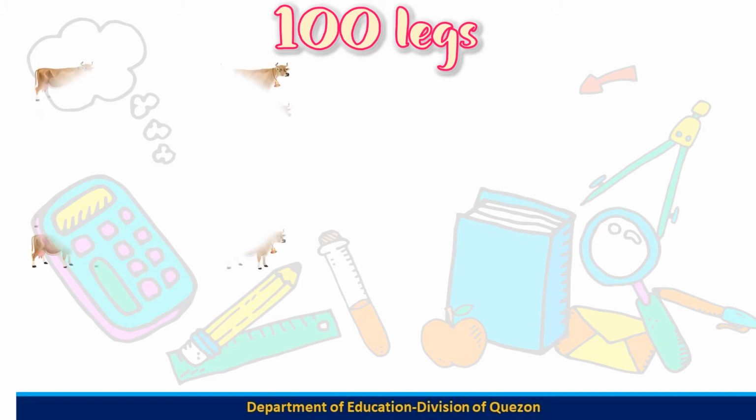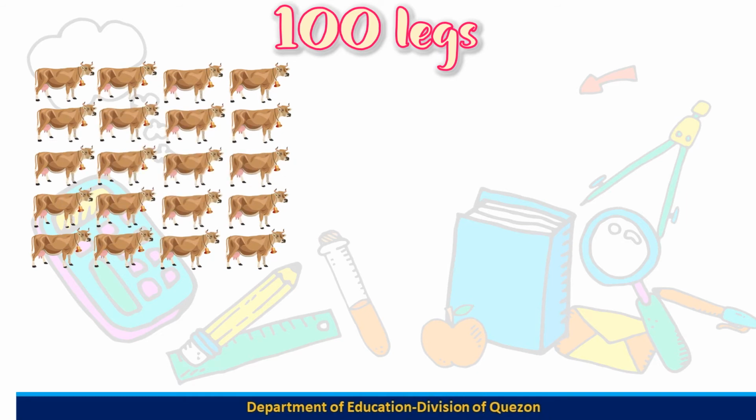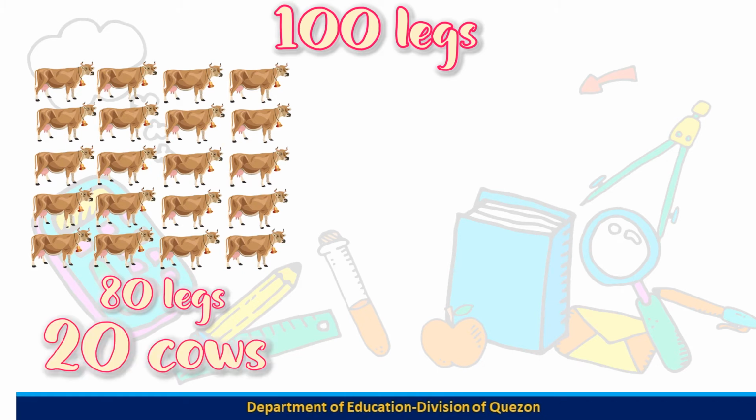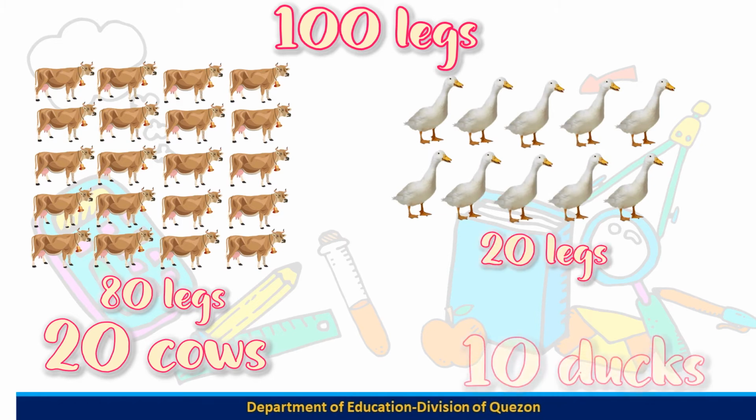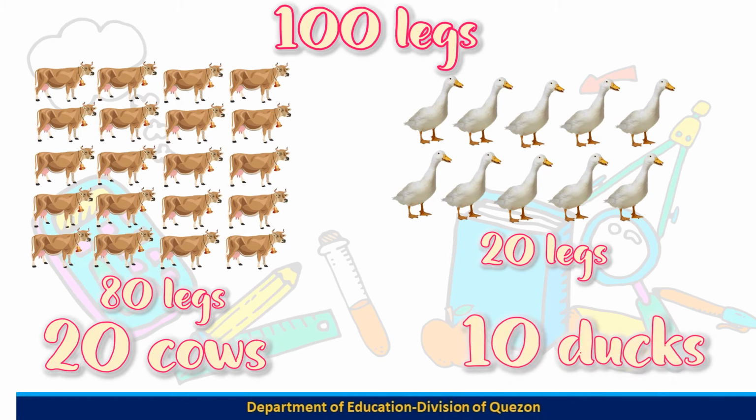I put 20 cows with 80 legs in all and 10 ducks with 20 legs in all. So with this, I found out immediately the correct answer.